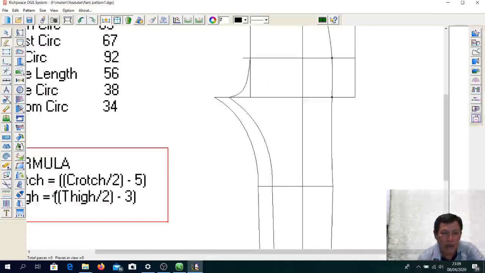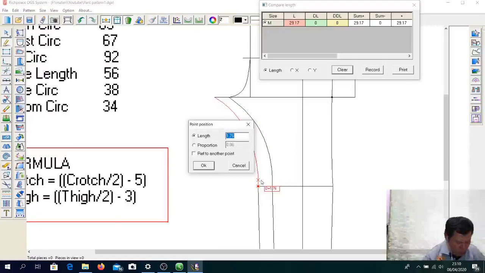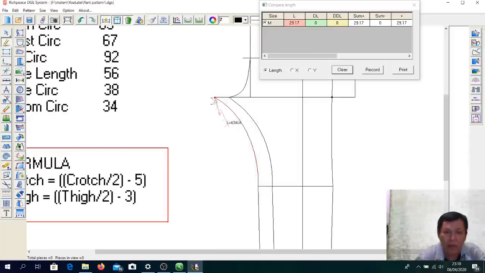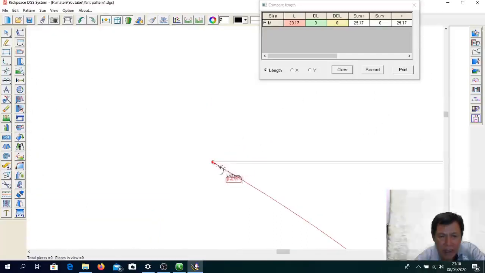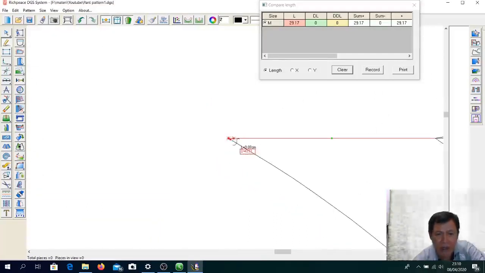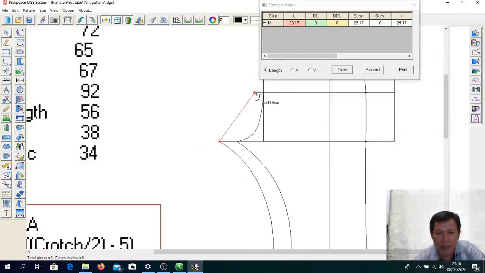We measure this the same as the front measurement, because the inseam should be 29.17. So here also 29.17. Okay, enter. If you see that this is not exactly at the end of the line, it will go down a little bit, and then we reshape this.